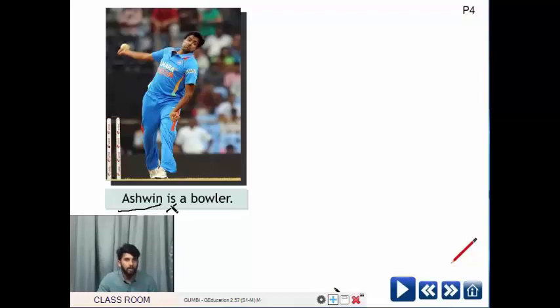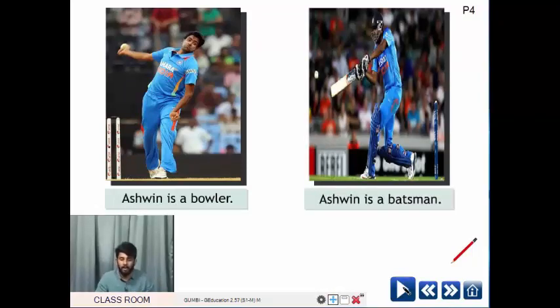You know this, right? So Ashwin is a bowler is a simple sentence. Look at another sentence here: Ashwin is a batsman. Again, this is also a simple sentence.